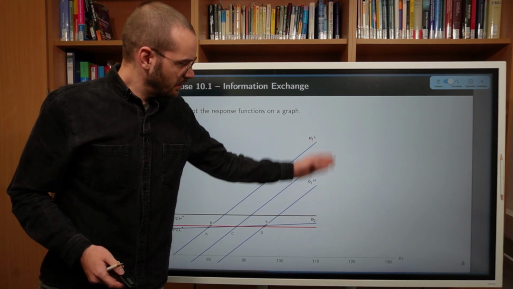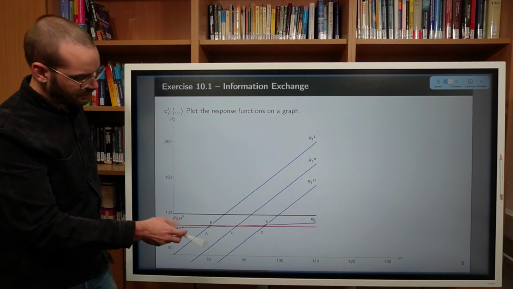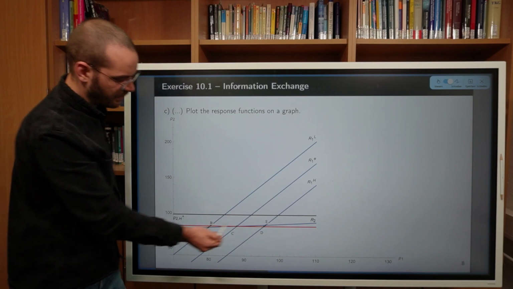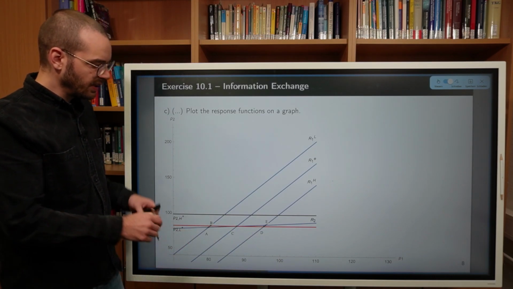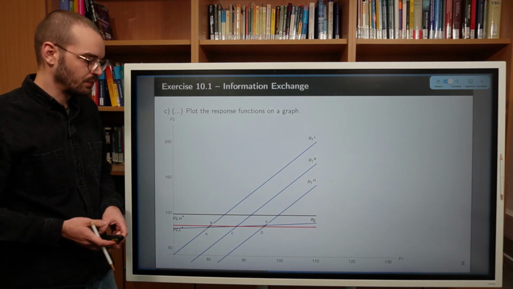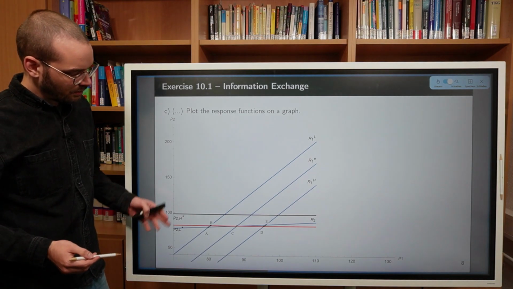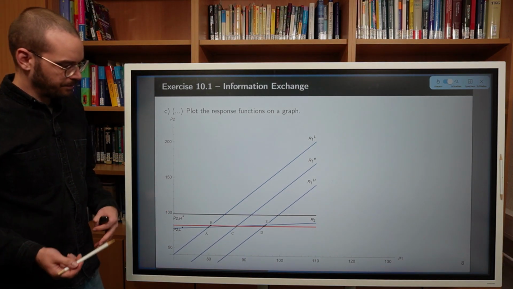Now we have already denoted or marked all the other intersections between reaction functions and the deterministic set price of firm 2, and we will come back to this in a moment when we are comparing different states of this world. Let's just consider 2 points as an example.